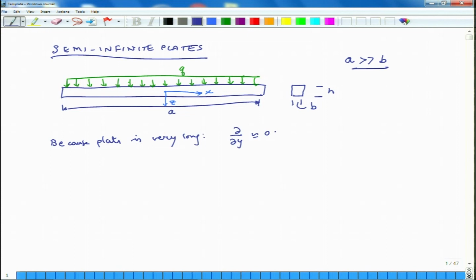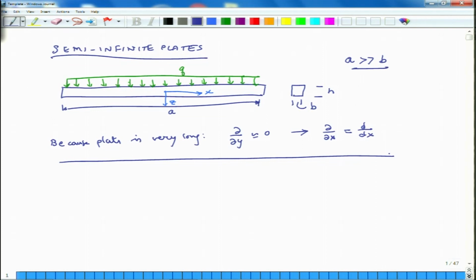And because all the partial derivatives in the y direction are approximately 0, the derivative in the x direction we can approximate as the total derivative, because there is no derivative in the y direction. So, this is the implication of a semi-infinite plate. Now, we want to see that when we subject this plate to an external load of q, how does this plate bend or deform?